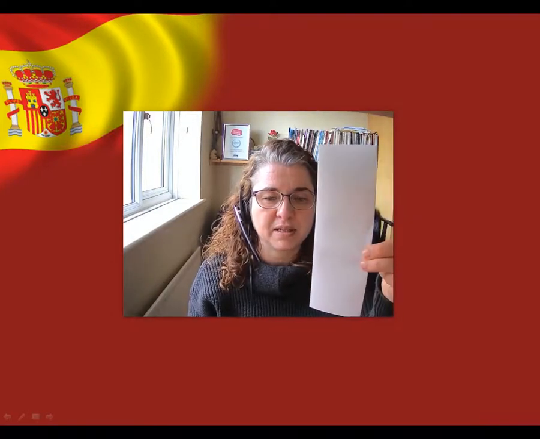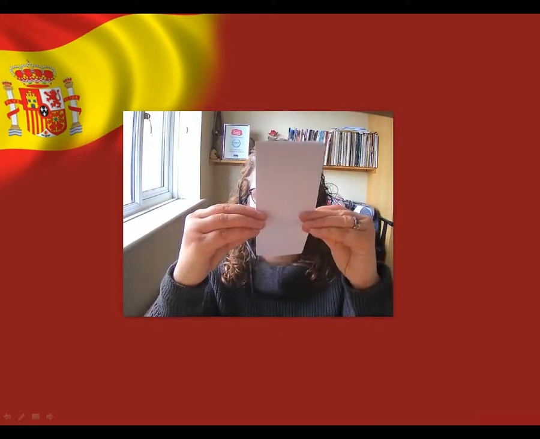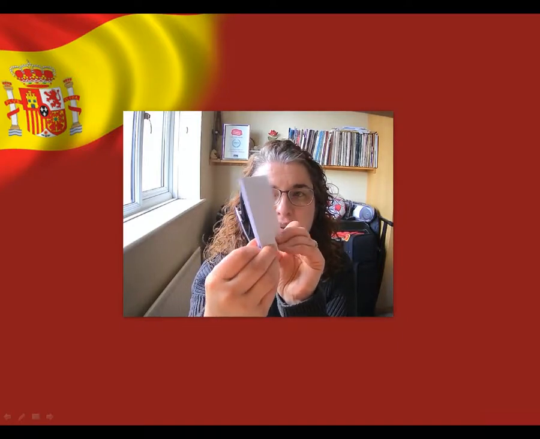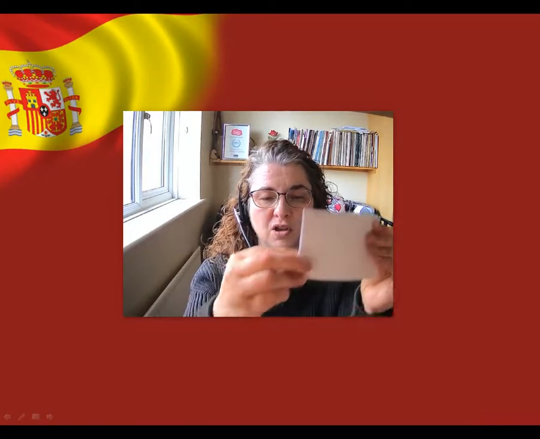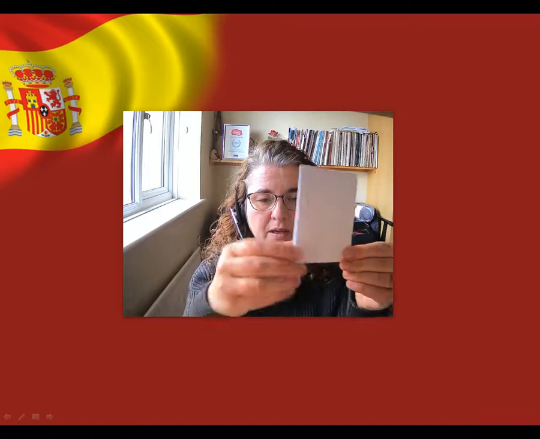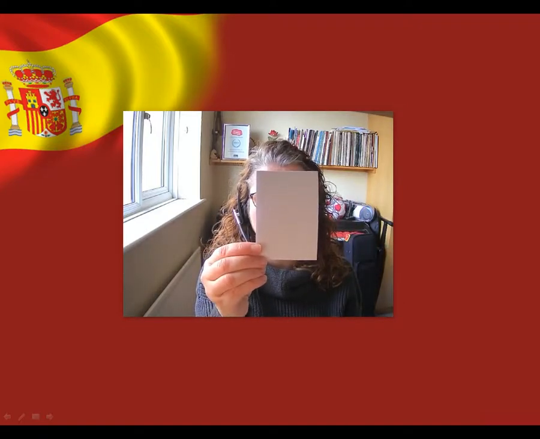I'm just going to use my table to do a good fold. There we are. It's almost like a bookmark shape, isn't it? Then we're going to fold it in half one more time the other way. This is a bit tricky to fold because there's quite a lot of layers. There we are. That's going to be the size of one of your pages.